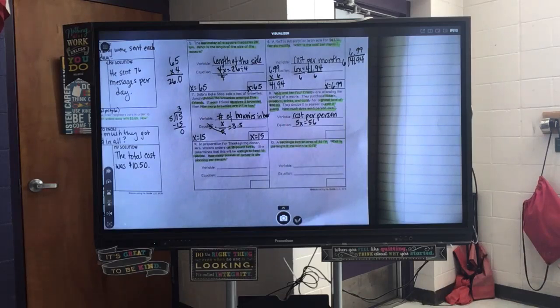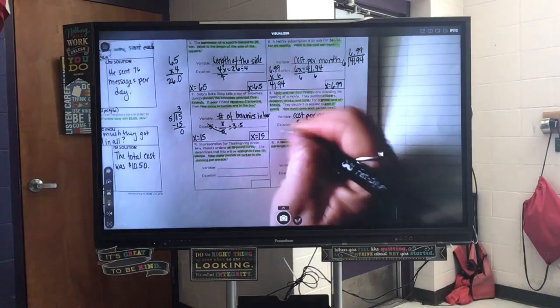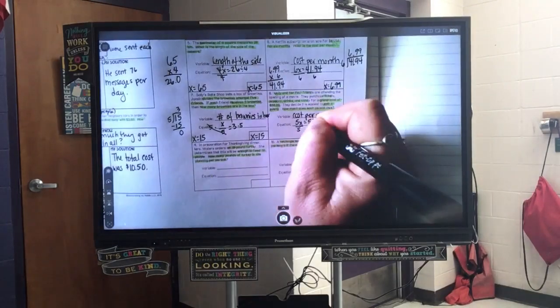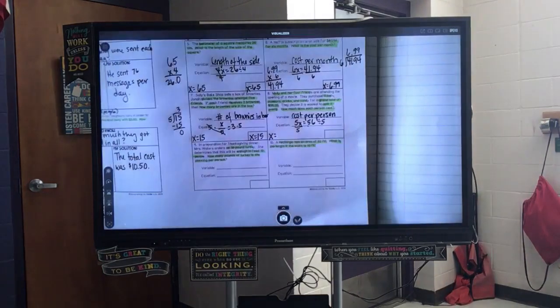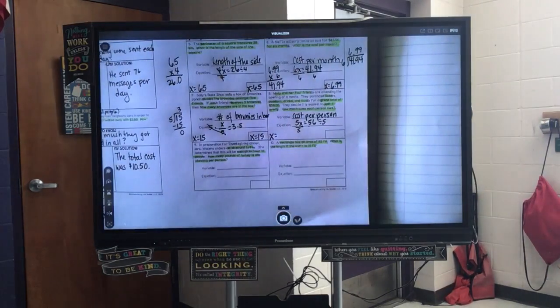Even if you're writing, you should still be able to answer that question. What is the opposite of multiplication, Elisa? So I'm going to divide by 5, divide by 5. X equals what? How much does each person pay? If you're not sure, do the work. If you already did the work, give me a thumbs up.